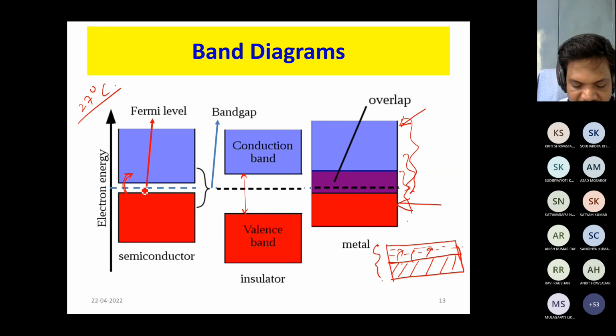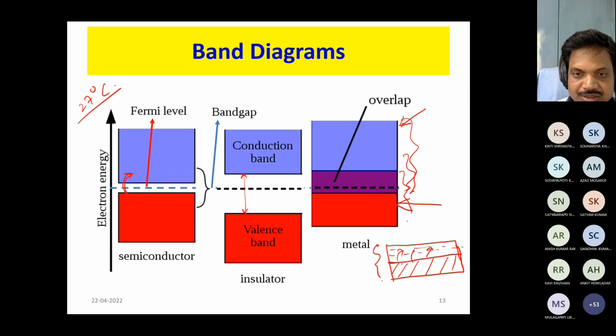Now, this is a statistical approach to get how many electrons can reside, or what is the probability of an electron residing in a particular energy state.